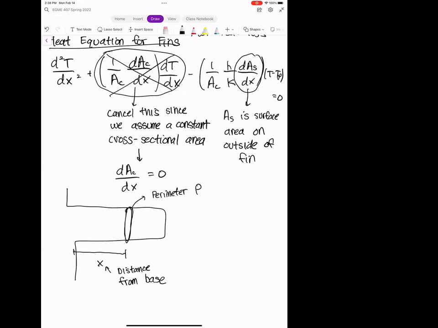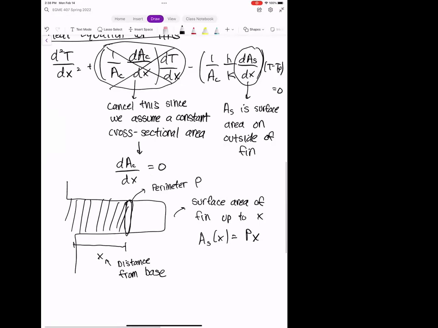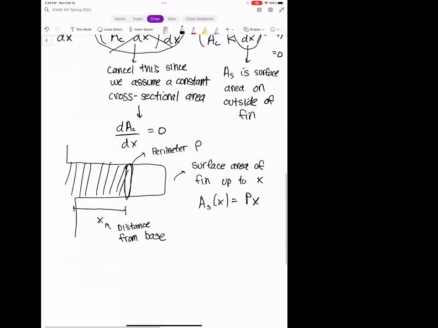If we take these two parameters, we can take their product to get the surface area of the fin up to that location x. So we have As of x is equal to, in this case, just the product: the perimeter multiplied by the distance x.